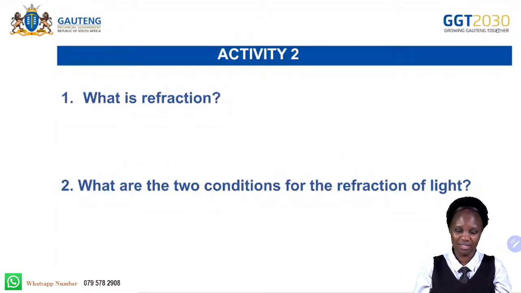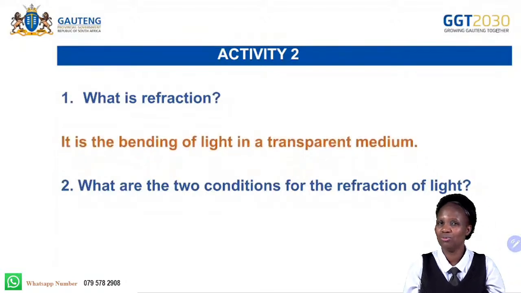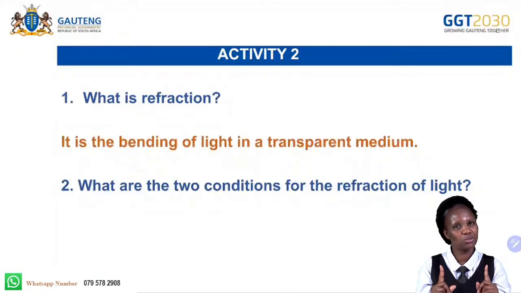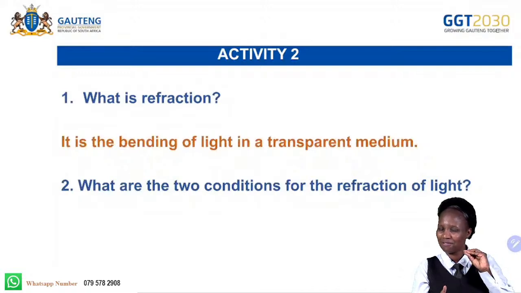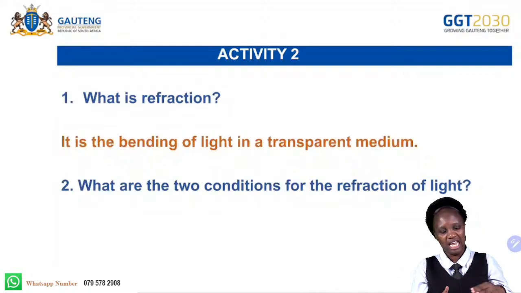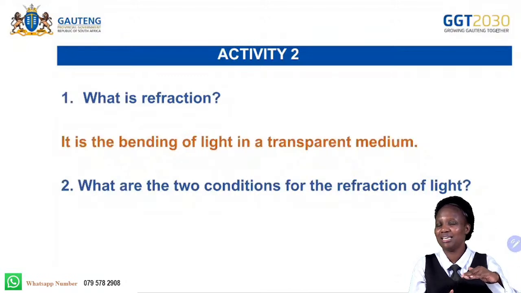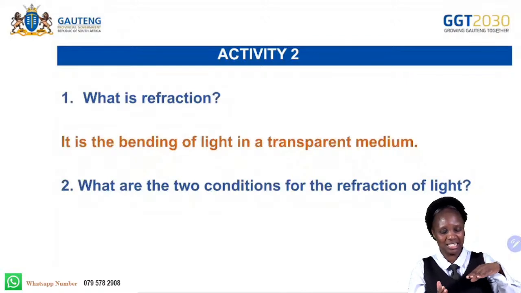Question number 1 says, what is refraction? How can you answer this question? We are talking about refraction. Remember what we said. We said for refraction to take place, it has to strike a what? A transparent medium. All right. For example, when it strikes a what?